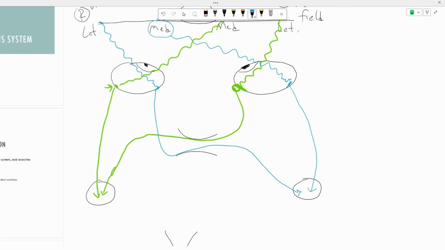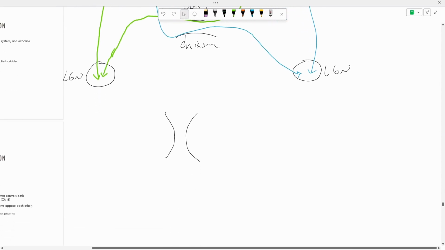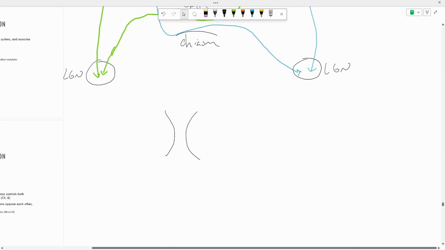And this structure in the middle, where they cross, it's called what? Okay, the optic chiasm. We know these are the LGNs, lateral geniculate nucleus. And finally, the last little bit that happens, we have to get it to the back of the brain, and that area is called the what?